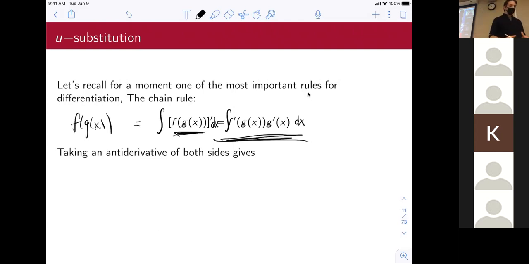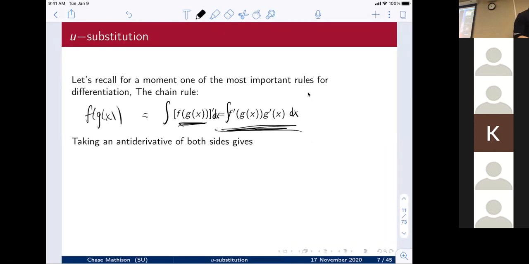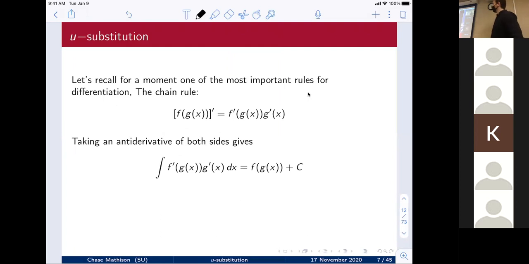So when we integrate both sides, we end up with the integral of f prime of g of x times g prime of x with respect to x is f of g of x plus c, some constant. I'll admit, that doesn't look very useful at all. When am I ever going to stumble across things in real life that look like that? And the answer is actually quite a bit.